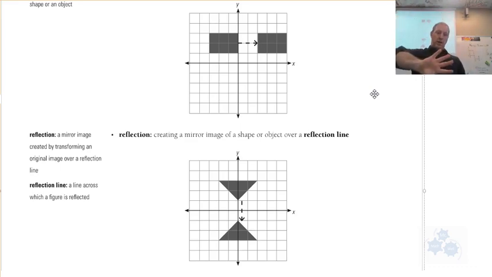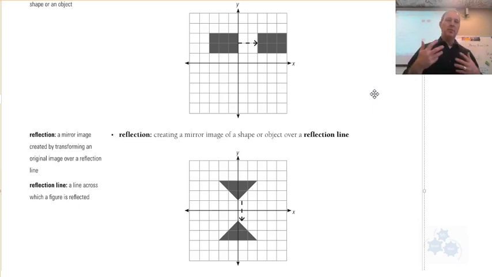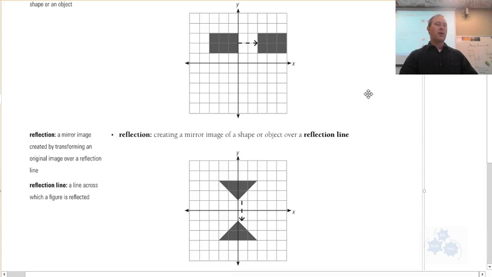If you rotate it around a line, like a reflection line, that's what it looks like as a reflection. If you have a mirror, your image of your face or your hand or whatever is in the mirror, you have the object, your hand, and then you have a reflection in the mirror, and it's always flipped, right? So a reflection is also called a mirror image, and it's created by transforming an original image over a reflection line.